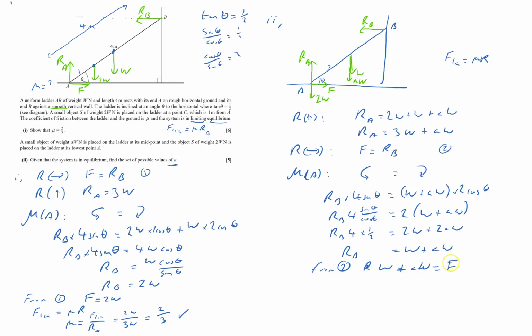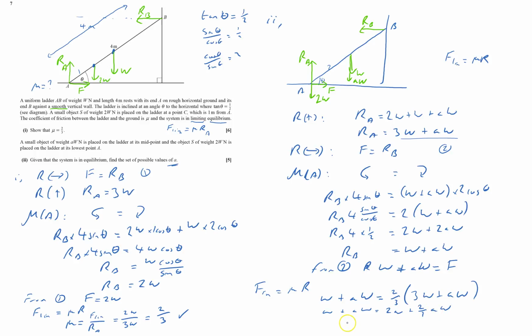F, that's the friction. We've got limiting friction, which is mu R, and so W plus AW equals mu, just worked that out, 2/3, times R, that is R here, which is 3W plus AW. So that's W plus AW equals 2/3 of 3W, which is 2W, plus 2/3 of AW.